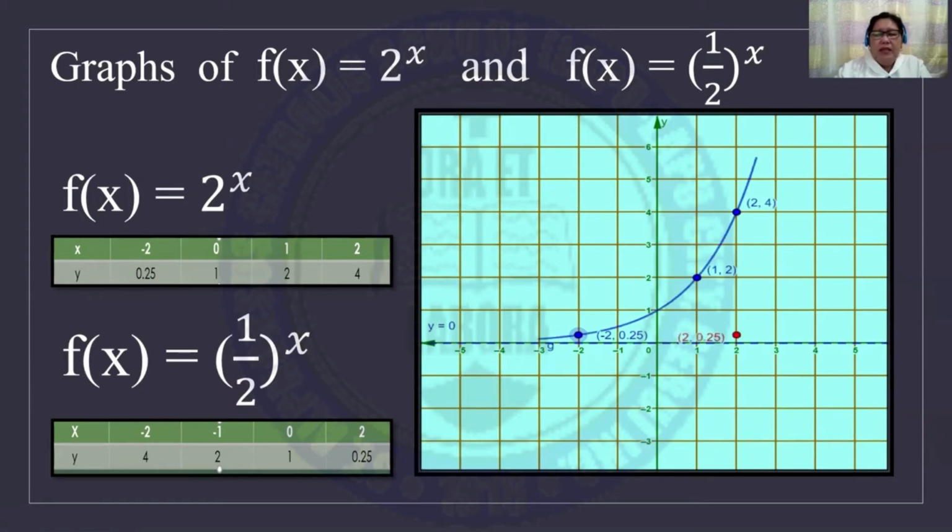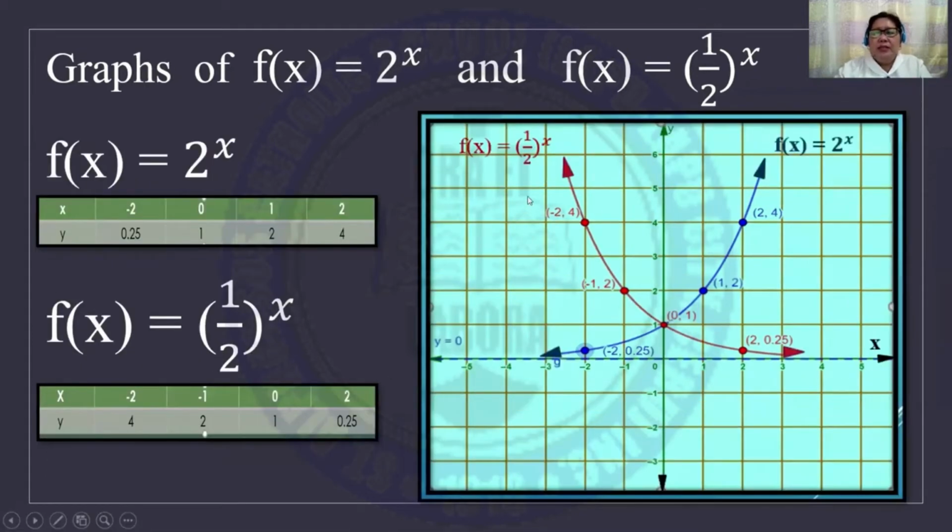Then let us use another color for the graph of 1/2 raised to x and connect. There, the two graphs intersect at (0, 1). And do not forget to place arrowheads on both ends, because the graph can still be extended.